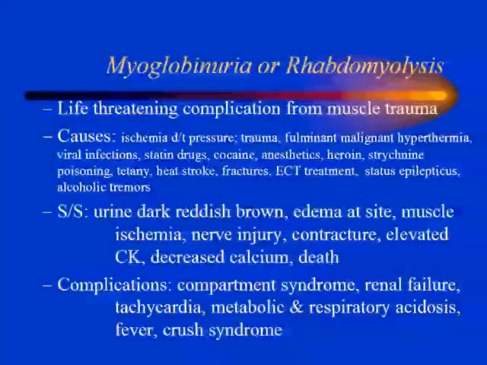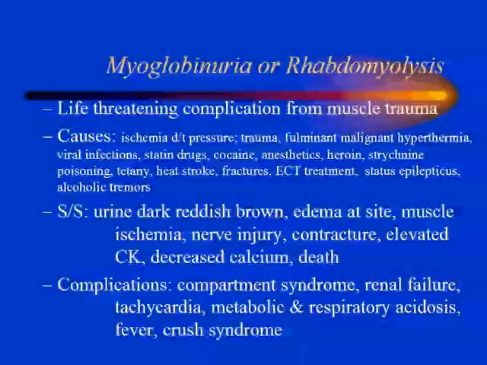Myoglobinuria, or rhabdomyolysis, is a life-threatening complication from muscle trauma. Myoglobinuria is myo, meaning muscle. Myoglobin means it's a protein, and it's in the urine. So it's a muscle protein that escapes when there's trauma to the muscle.